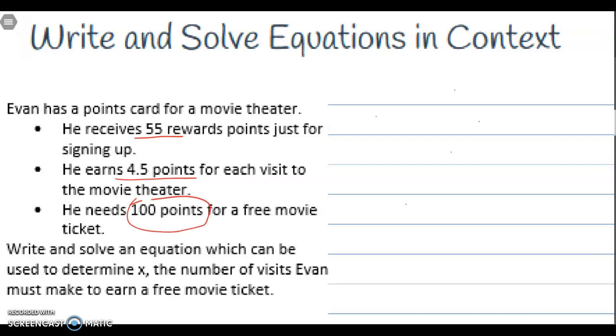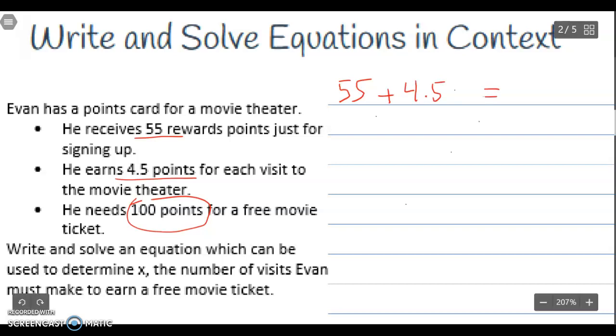Okay, so that's how we're going to set our equation. We're going to have the two underlined things added together to equal the circled one. We start off with 55 reward points, and we're going to add the 4.5 points for every visit, and together they will equal 100.